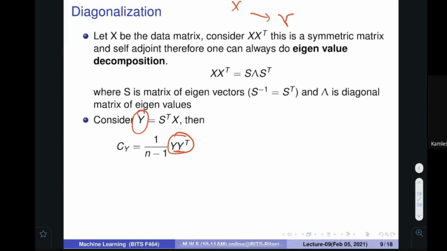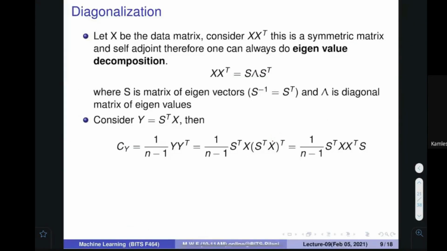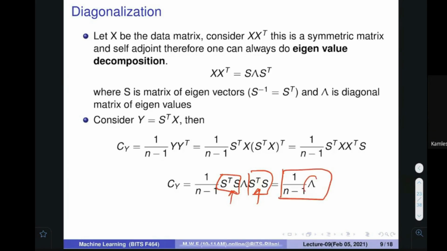What is the value of Y transpose? Because Y is equal to S transpose X, taking the transpose, the order changes: X transpose S. Because of this property, S transpose S becomes identity, so you get 1 upon n of lambda.